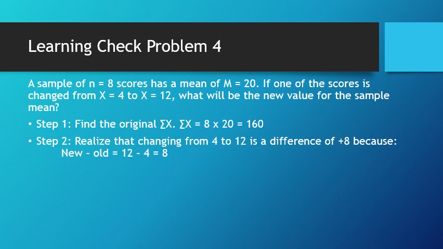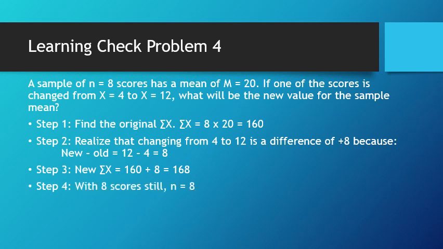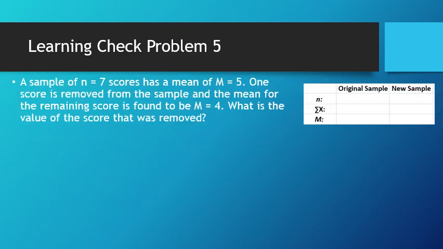Step 2, realizing changing from 4 to 12 is a difference of plus 8, because new minus old equals 12 minus 4, which equals 8. Step 3, the new summation of x is equal to the old summation of x plus 8, so you get 168. Step 4, with 8 scores still, n is equal to 8. And the new mean would be 168 divided by 8, which would give you 21.